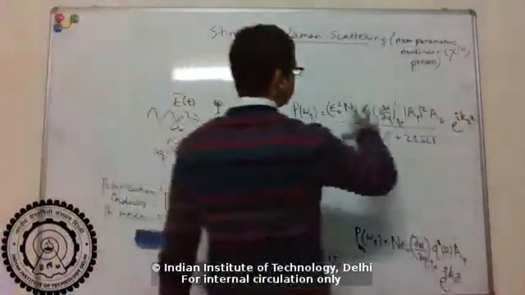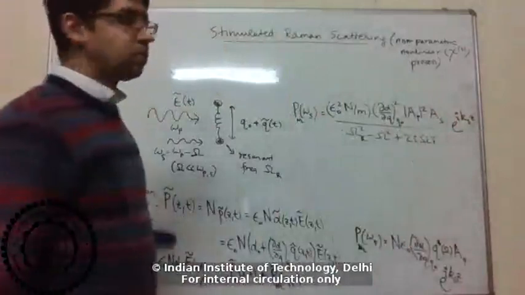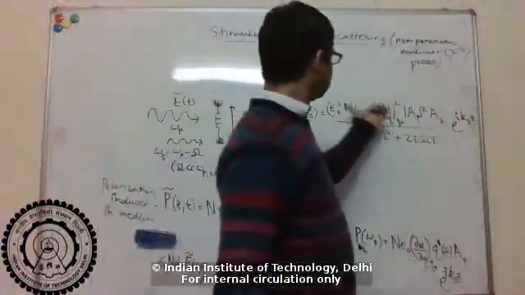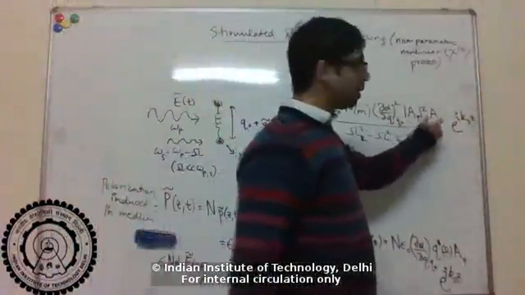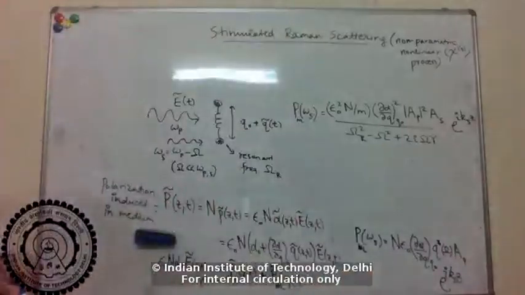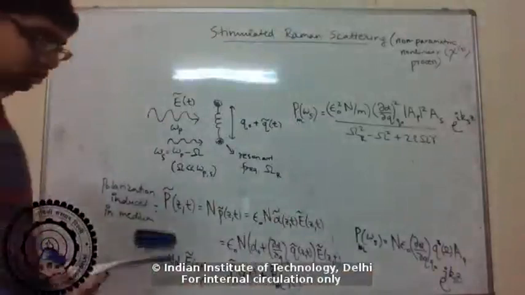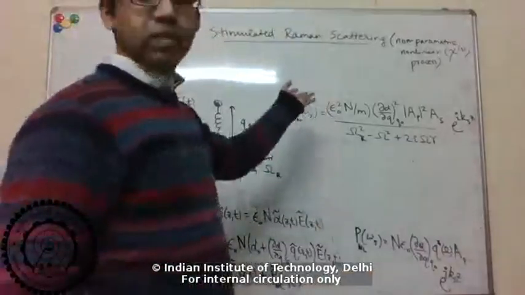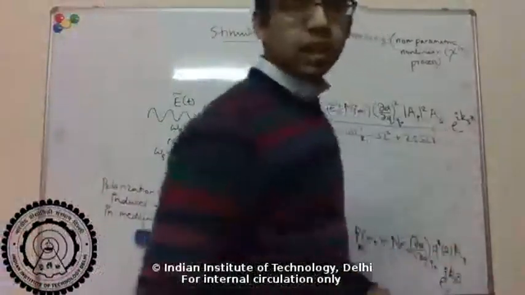Okay, so does this term look familiar? Have we seen a term like this before? When we write nonlinear polarization, we get some constant into some mod A square times A. So, for example, in self-phase modulation, cross-phase modulation, we used to get terms like this, right?